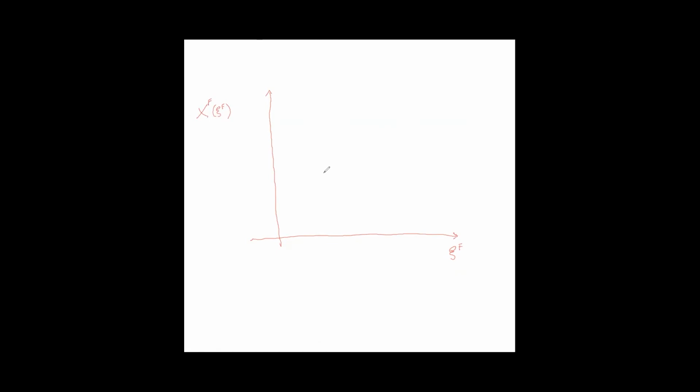Let's say the plot of our residual function, the map, looks something like this. It's not linear, it's not crazy either. And so let's walk through what Newton-Raphson does.